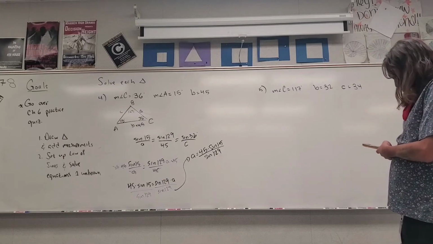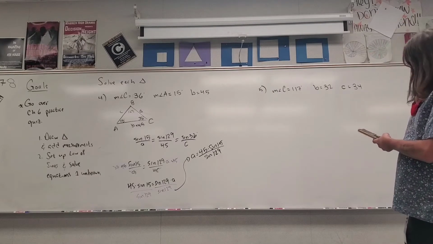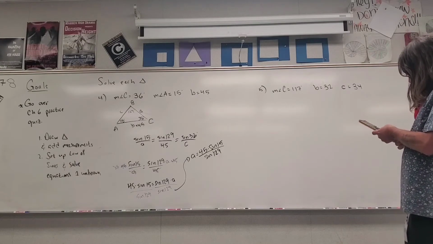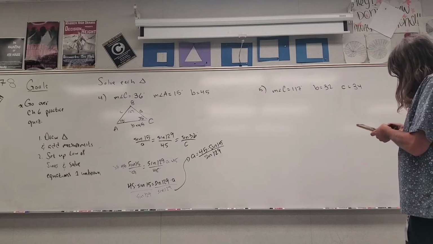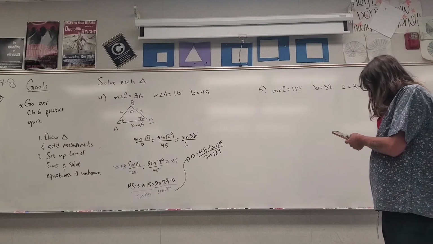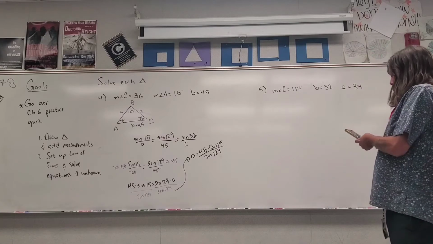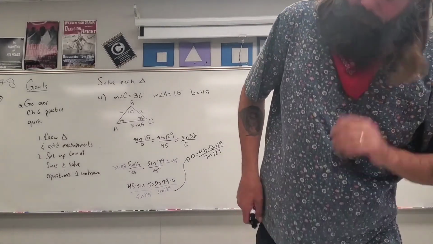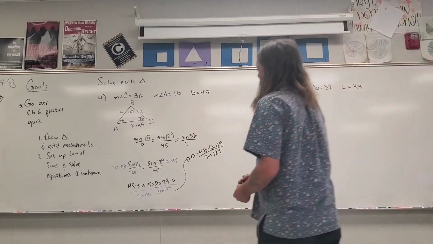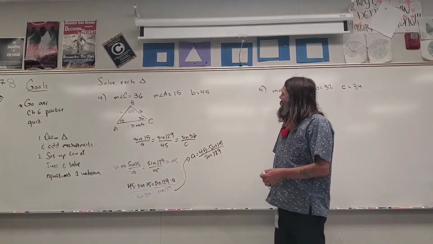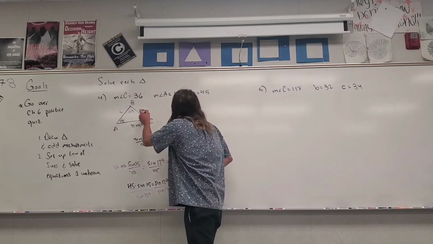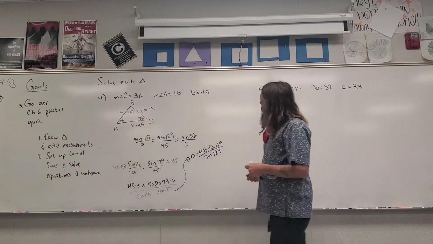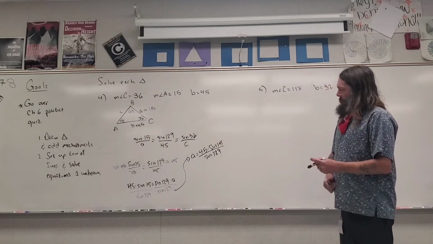It's 45 times sine of 15, close that parenthesis, divide by sine of 129, hit enter, and the length of A is roughly 14.98, so that's going to round up to 15. So A is roughly 15, and now let's find the value of C.